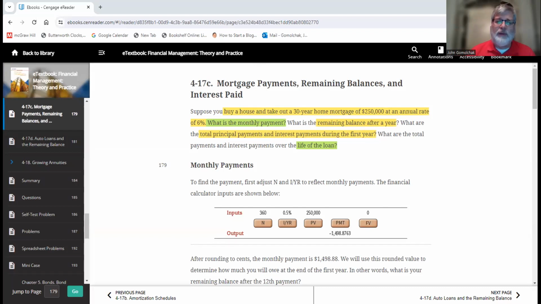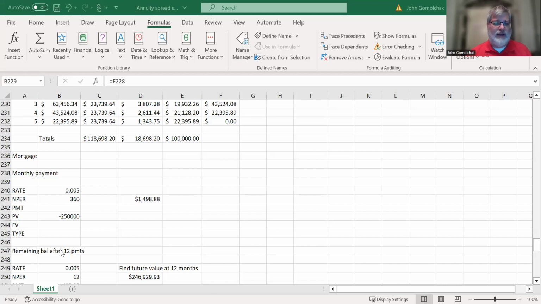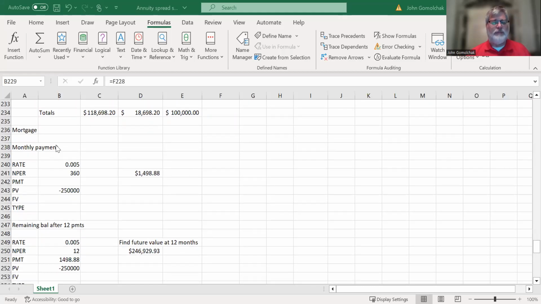Okay, so I'm going to go back to my spreadsheet. All right, and I'm going to calculate the monthly payment on this mortgage. I set myself up my table that I've been using all along through this entire chapter: rate, number of periods, payment, PV, type.